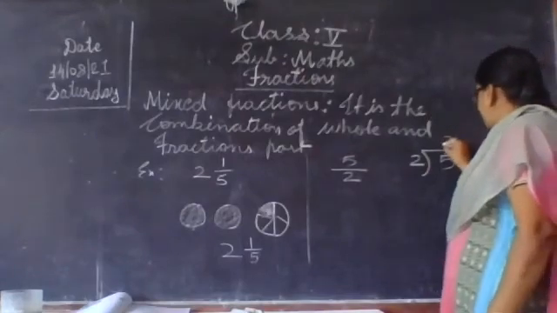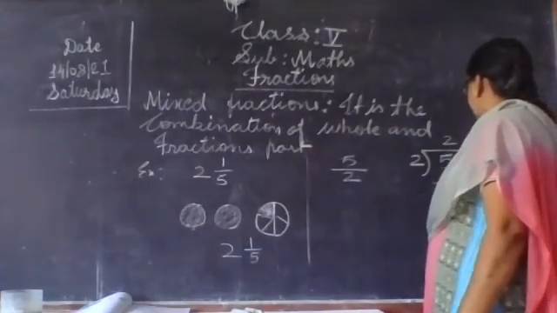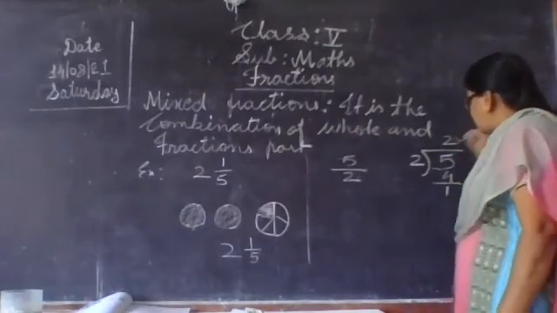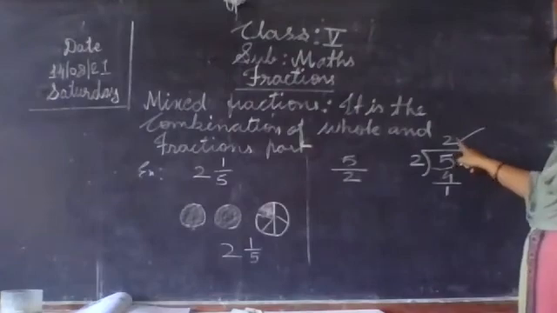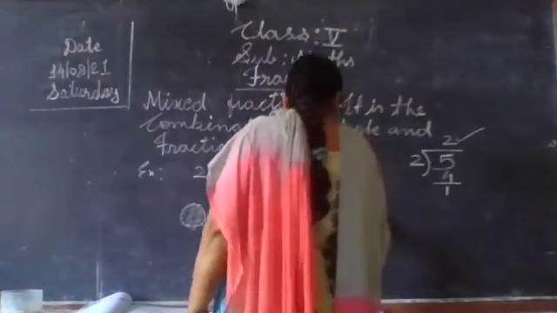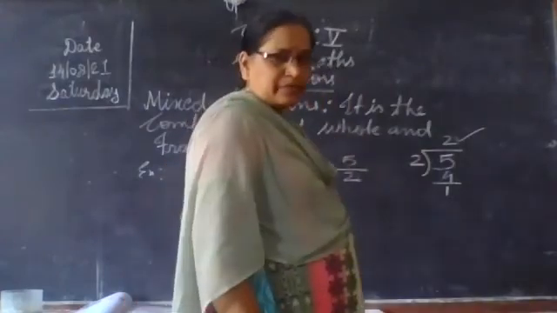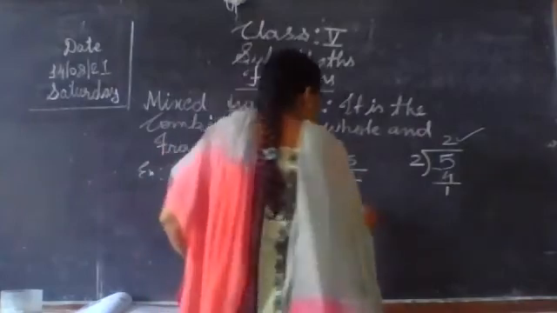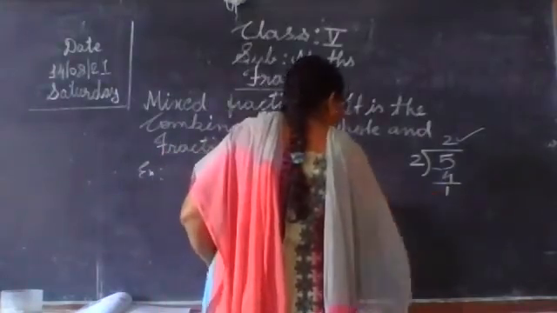2 2s are 4. What is the quotient? Quotient is the whole number. Here we get the whole number 2. Okay. What is the divisor? 2. What is the numerator?